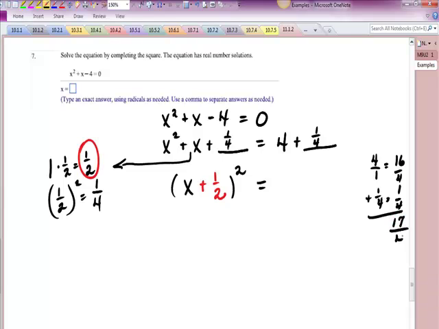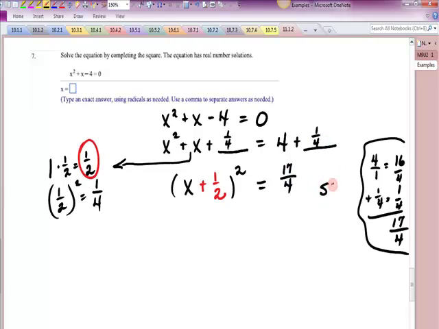Add them for 17/4. So if you didn't need that, I'm sorry to have wasted your time, but some people are not sure. All right, whatever it takes. You could have said that's 4 1/4 and then write it as an improper fraction.